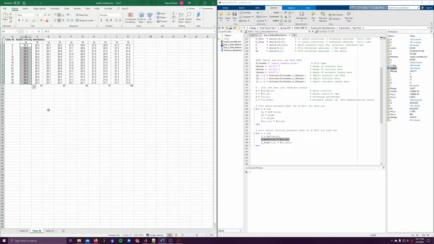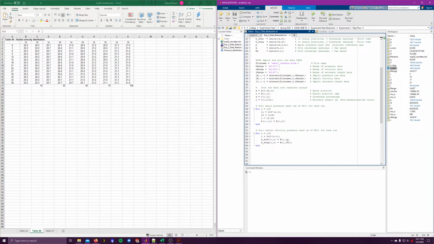So that's column 2 plus 1. Now we have this row for the stagnation pressure for the first run, which is what we want. Okay, so now we have all of this data, the static pressure here and the stagnation pressure here. And we're going to do that for all of the other runs, and then we can run the code.